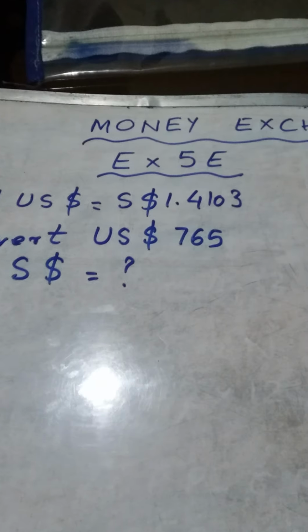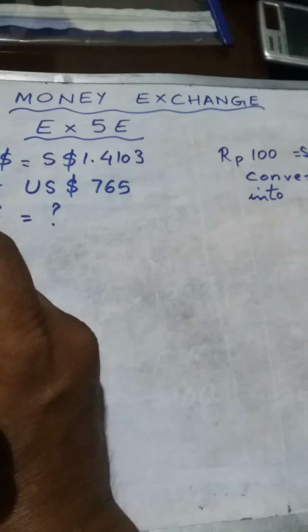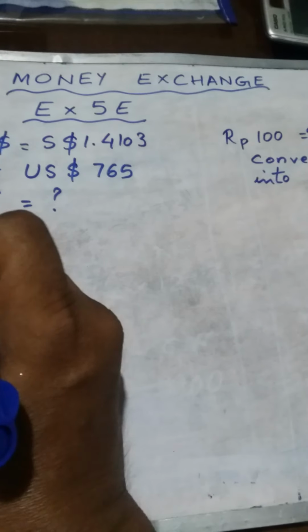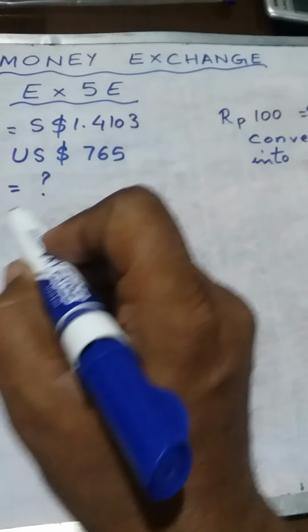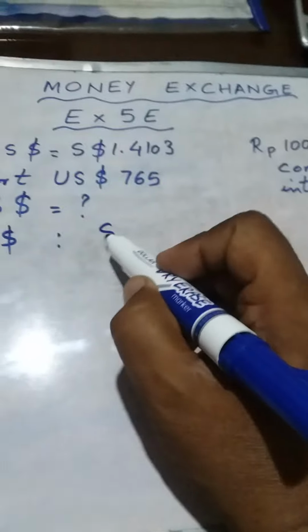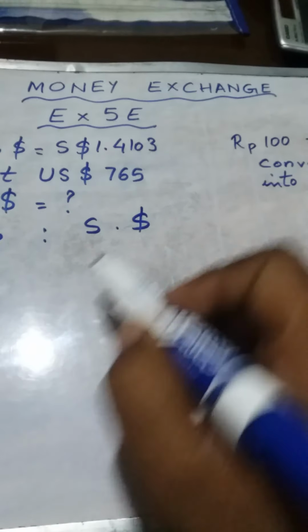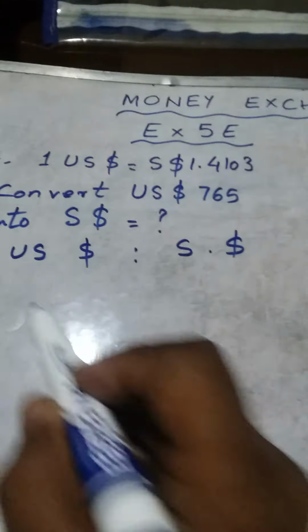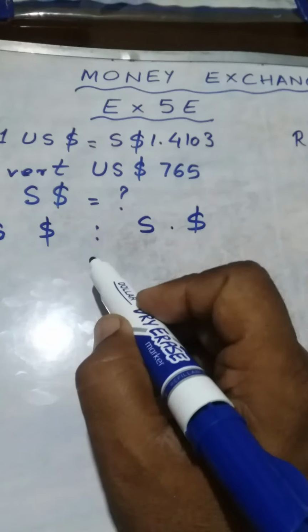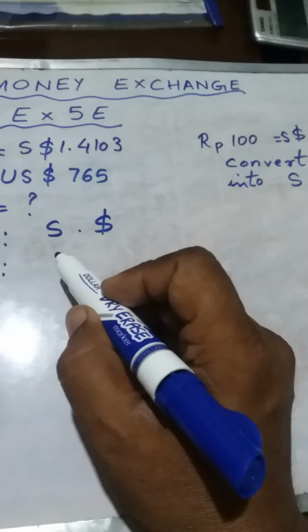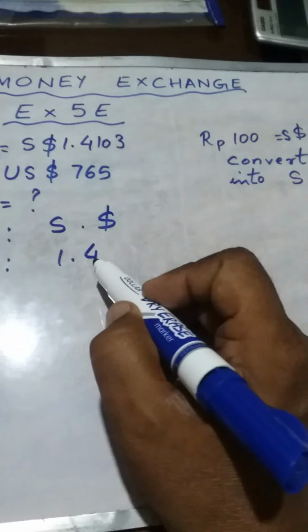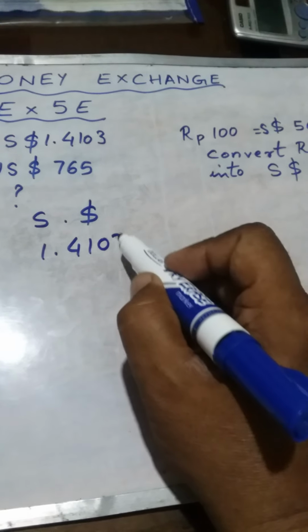We have this ratio which we are going to use. First form the ratio of US dollar and Singaporean dollar. 1 US dollar is always equal to 1.4103.